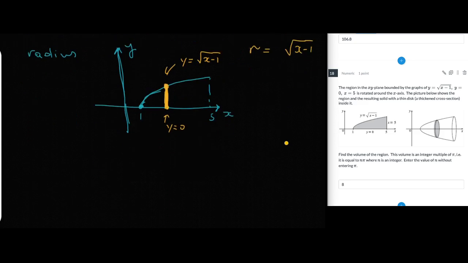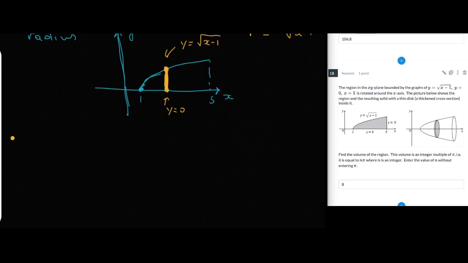Okay, now the area of a disk of radius r, you probably remember this from high school math, the area equals pi times r squared.